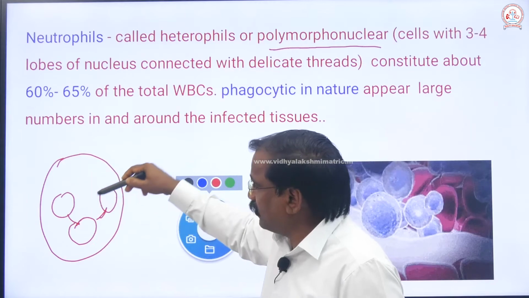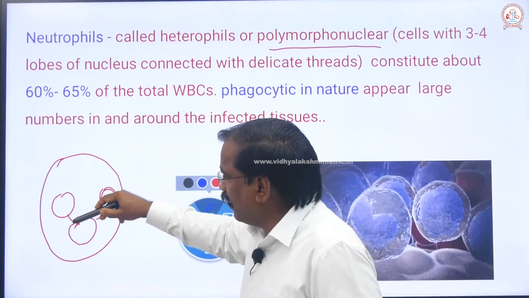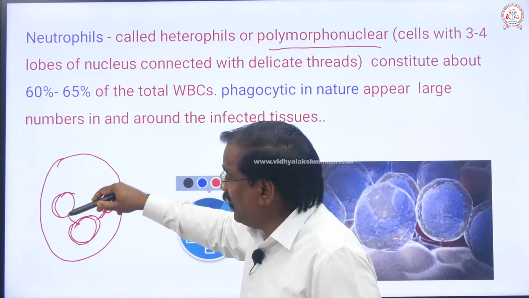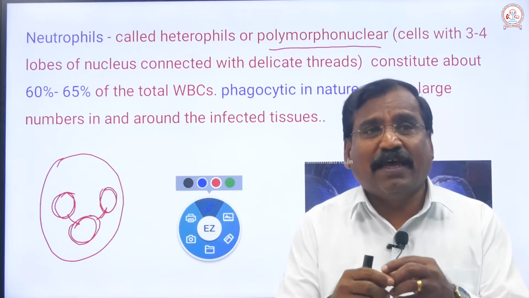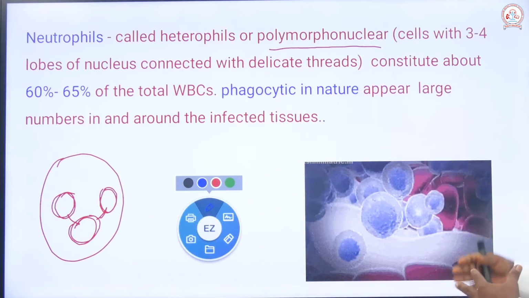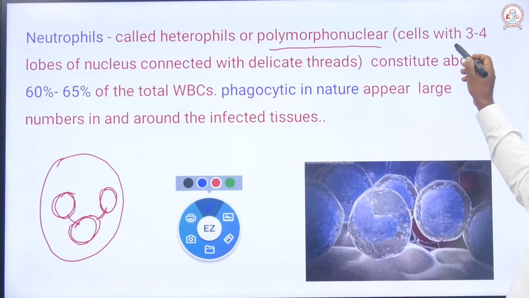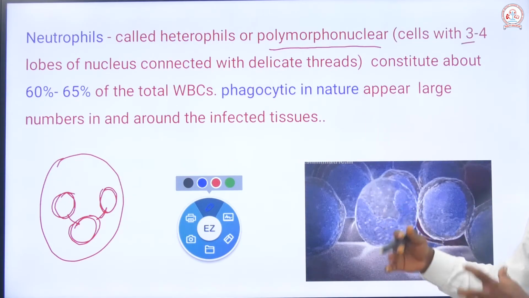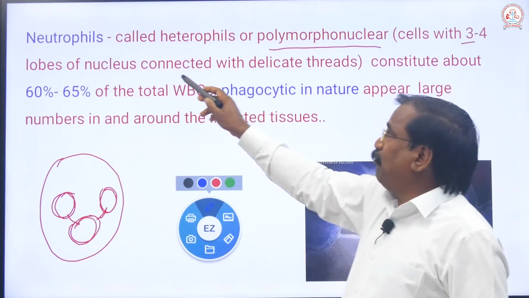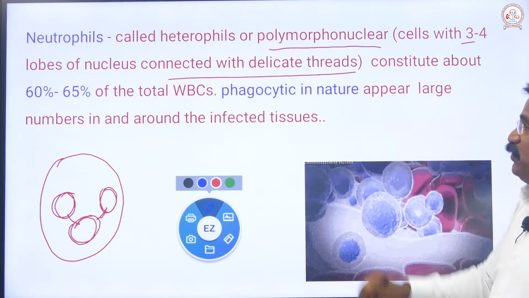Don't consider them as 3 nuclei; it is one nucleus which is lobed, with 3 to 4 lobes interconnected with a delicate thread-like structure.